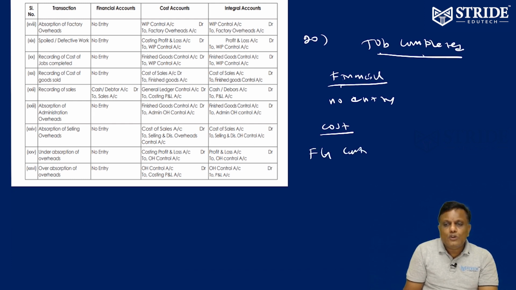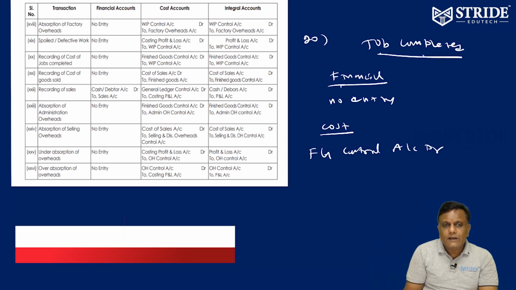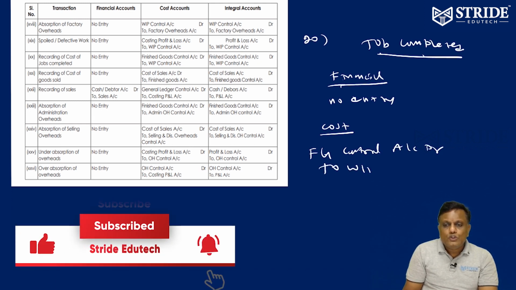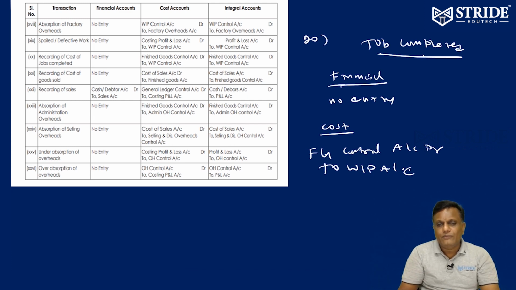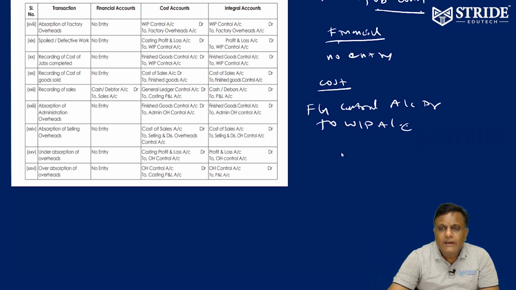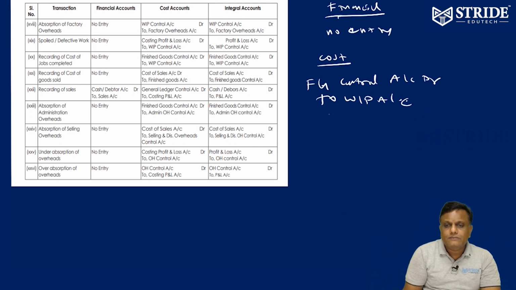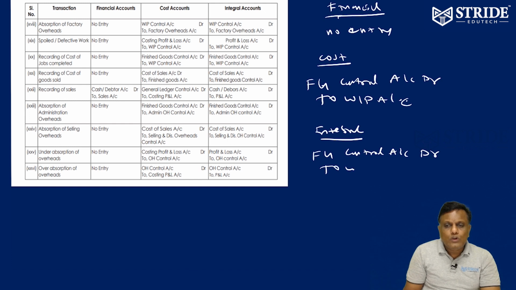Therefore, finished goods control account debit, it is coming out of process to WIP. After WIP, it is transferred to finished goods. So finished goods control account debit to WIP. Once stock is ready out of production, it is transferred to finished goods. Finished goods control account debit to WIP control account. In integral, there is no financial entry. Whatever the cost entry, the same in integral entry, which means FG control account debit to WIP, FG control to WIP.